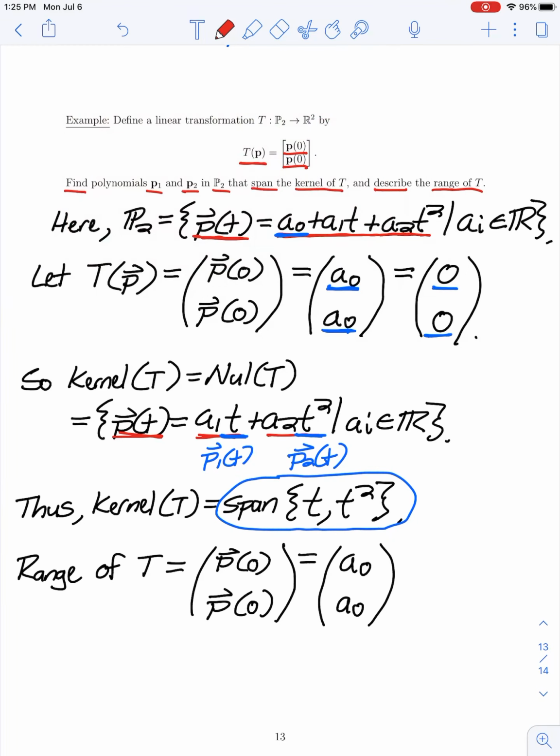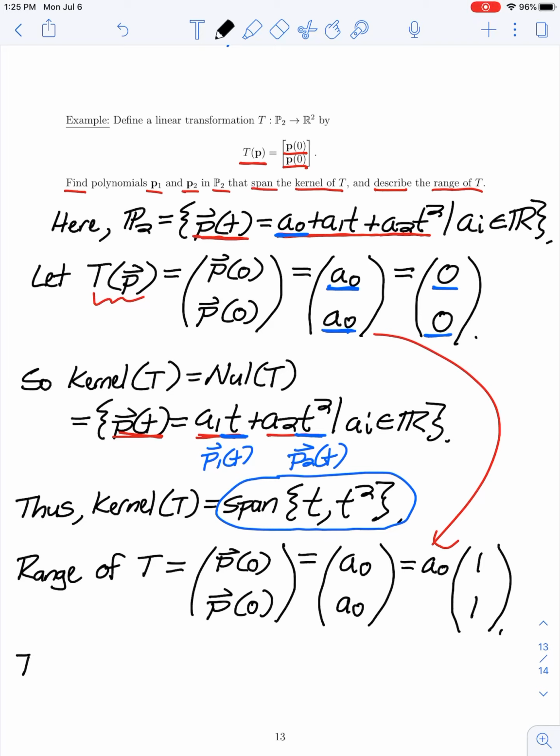Same expression that we had up here for any polynomial p that lies in P2. So this set of vectors we can think of as a scalar multiple, a0, of the vector 1, 1, where a0 could be any real number.